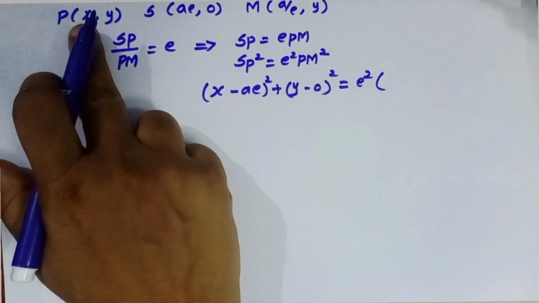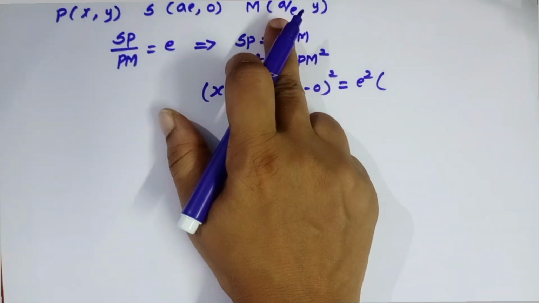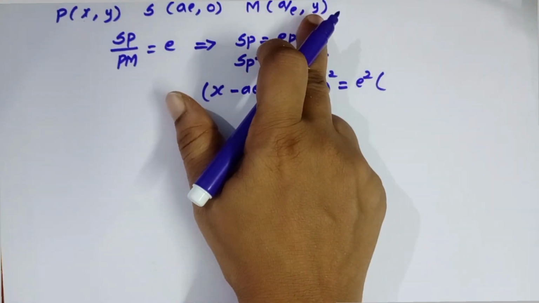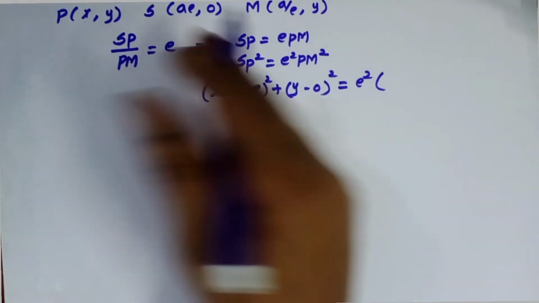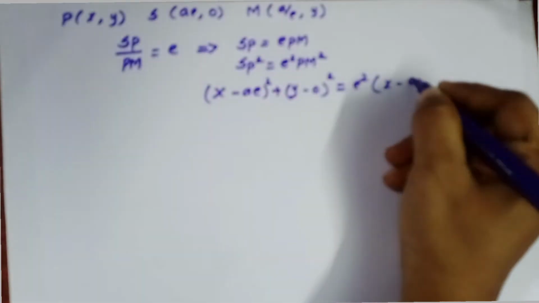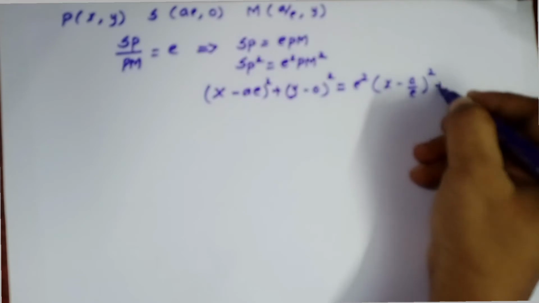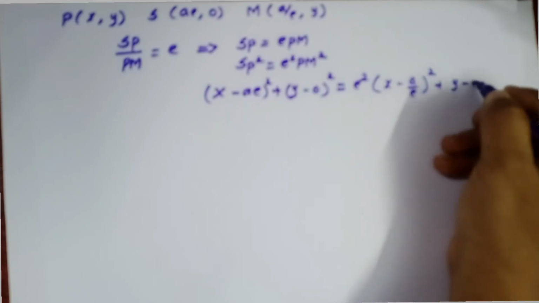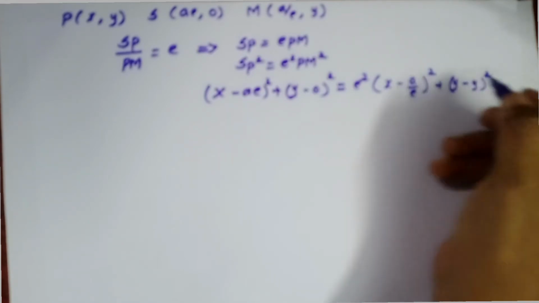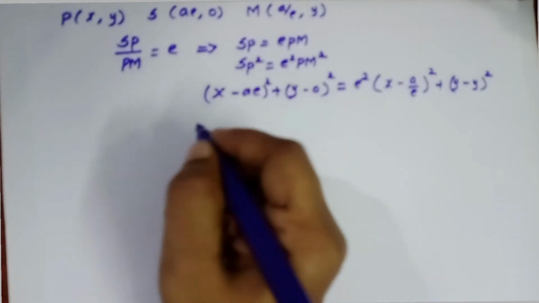P value is (x, y) and M value is (a/e, y). So you get (x minus a/e) the whole squared plus (y minus y) the whole squared.